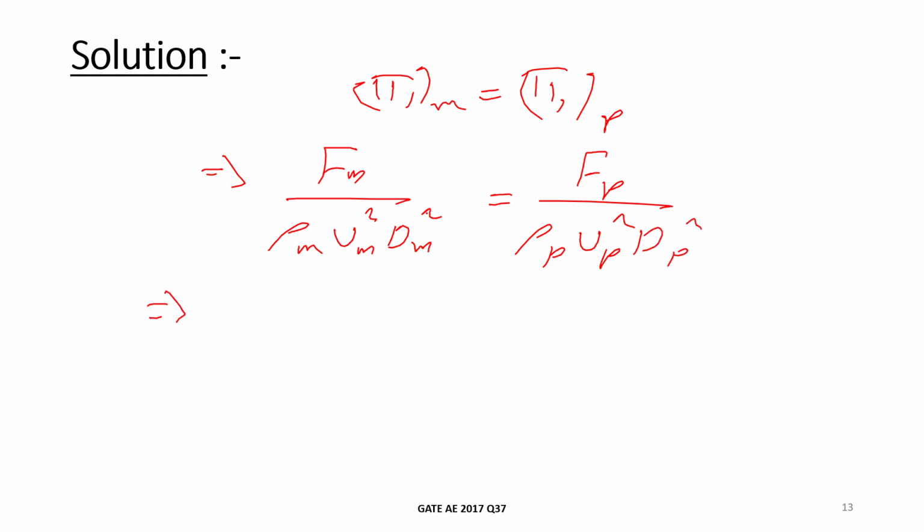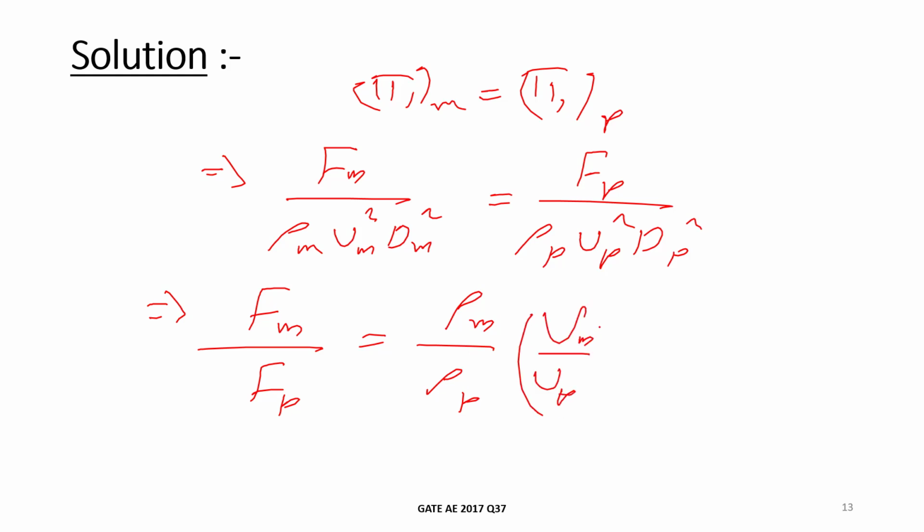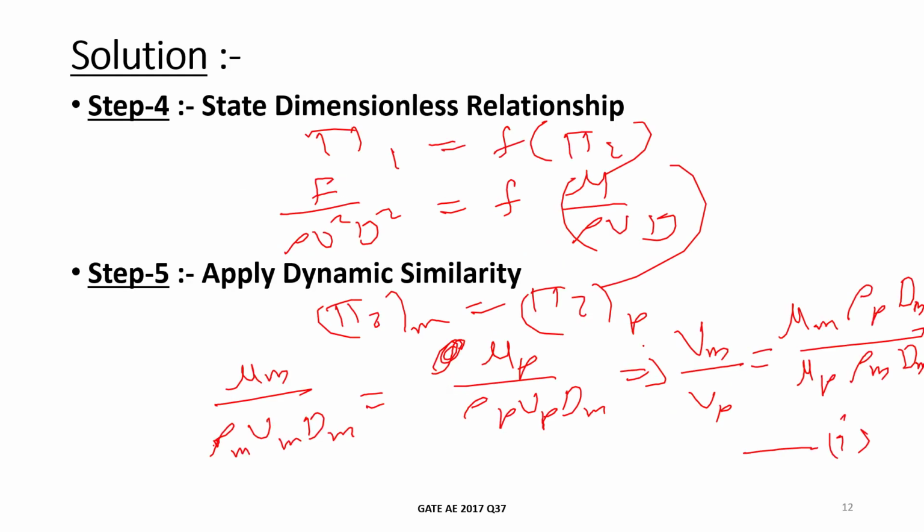We have to find the ratio of Fm upon Fp. So it will be rho m upon rho p into dm upon dp square. From the first equation we will substitute um upon up.